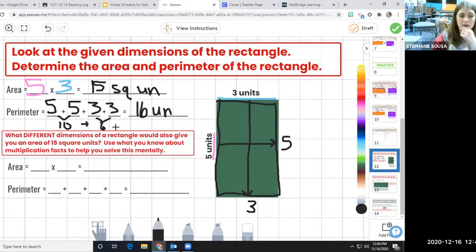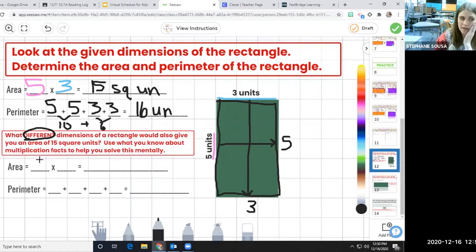Okay. Now it says what different dimensions of a rectangle would also give you an area of 15 square units. Use what you know about multiplication facts to help you solve this mentally. Well, what else can I multiply to get 15?